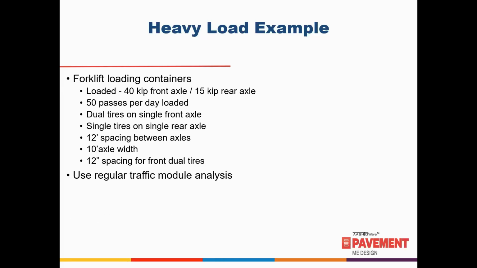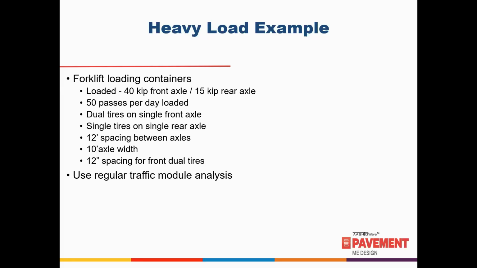So in this case, we're going to use the regular traffic module, because our maximum single axle load is still within the inference space of the bin categories used in Pavement ME Design.